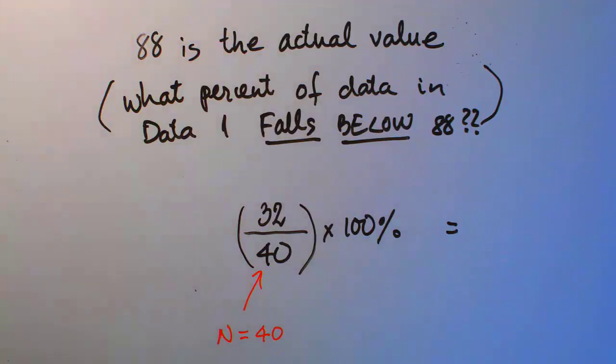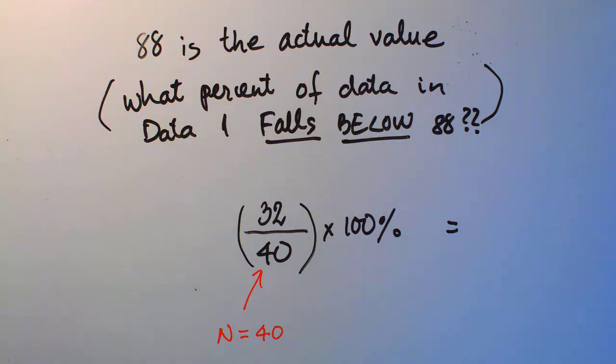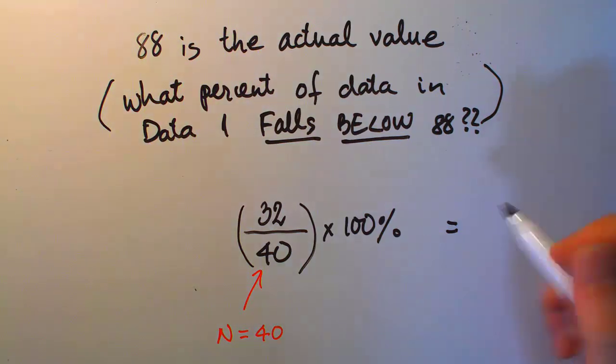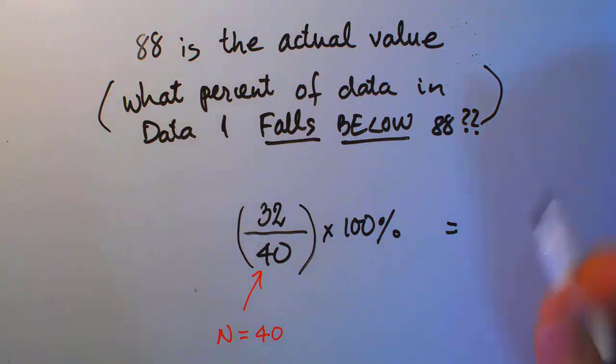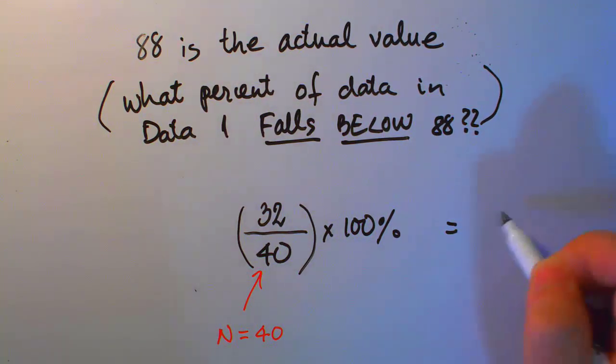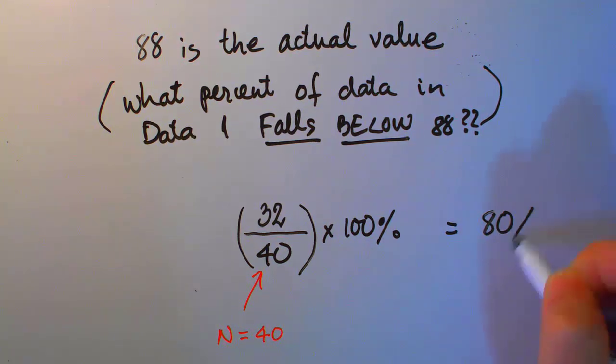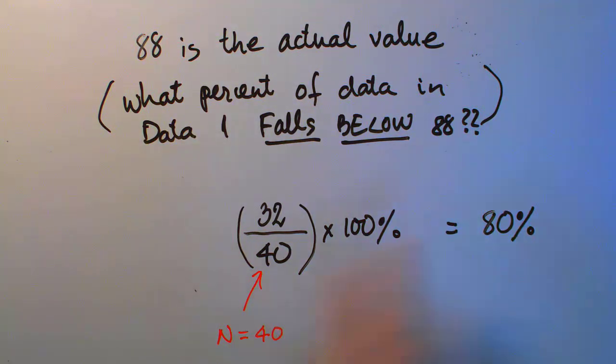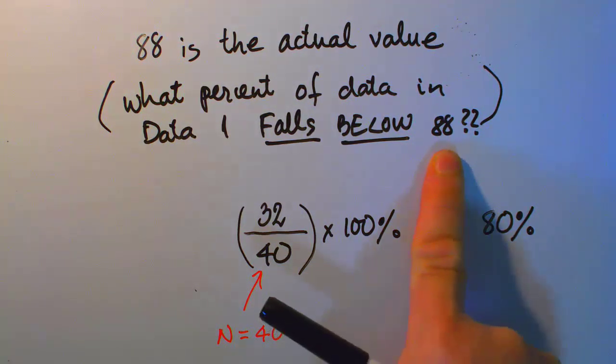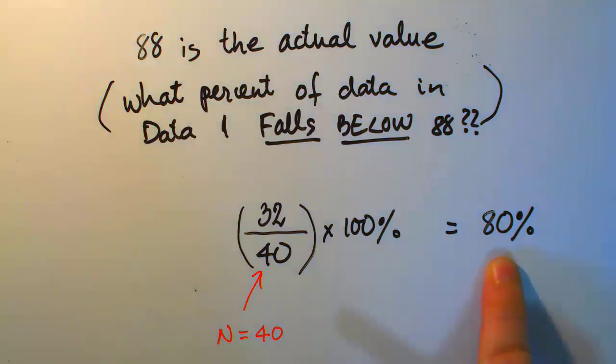My calculation gives me 80%, which indicates that from where 88 is in my data 1, 80% of data falls below it.